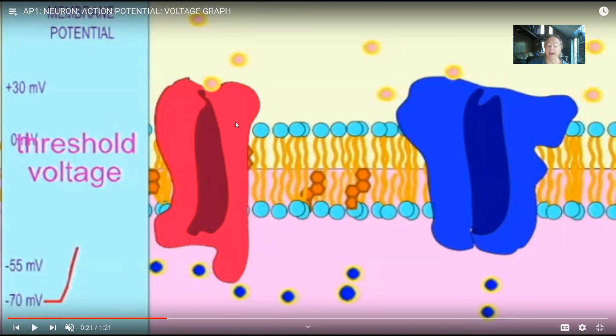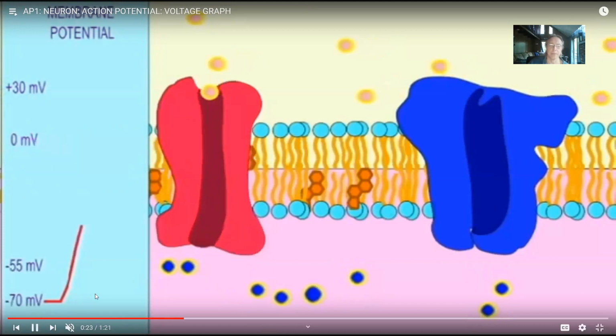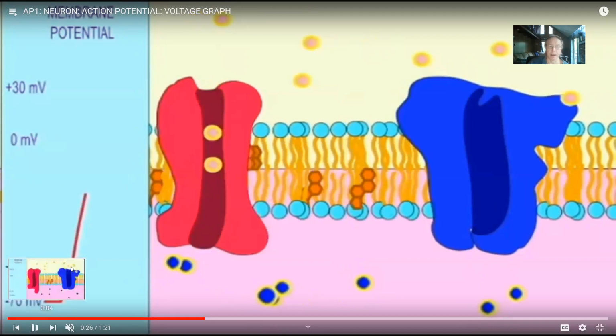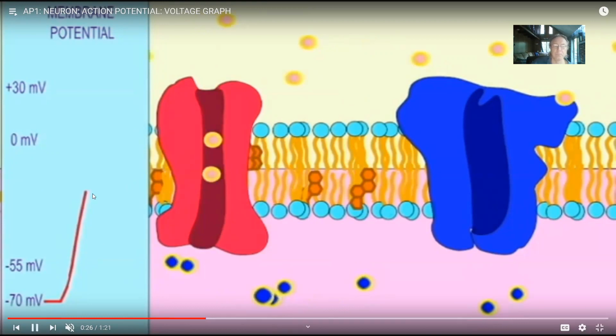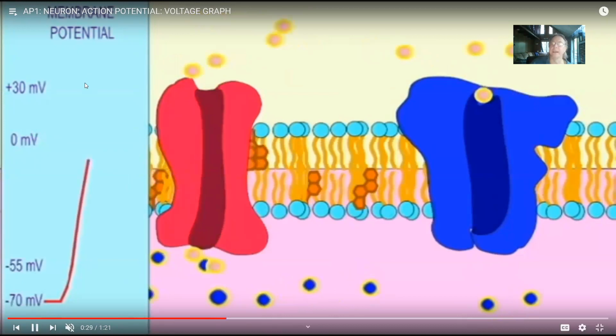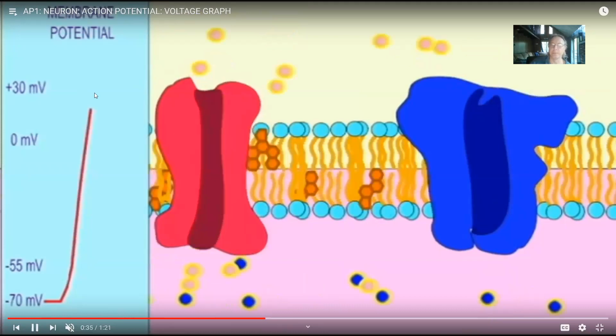And that is because at minus 55 millivolts, that is the voltage where these voltage regulated sodium gates open, which allows sodium to come into the cell, and look at what happens. So much positive charge comes into the cell that the membrane potential continues to rise, even going into the positive realm of around plus 30 millivolts.